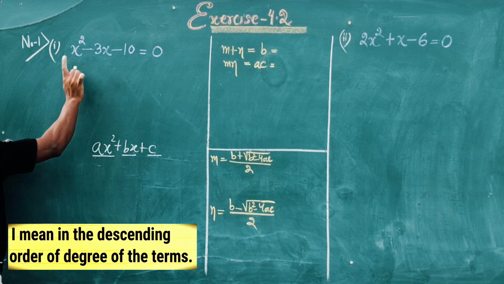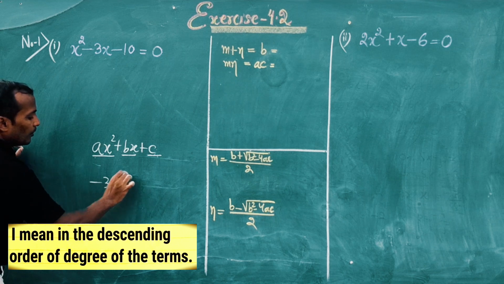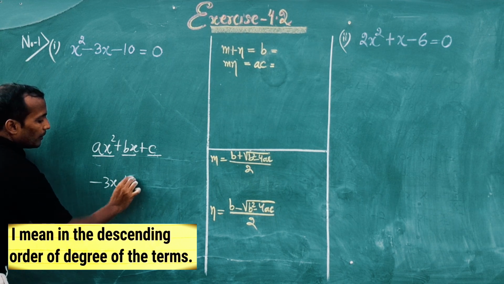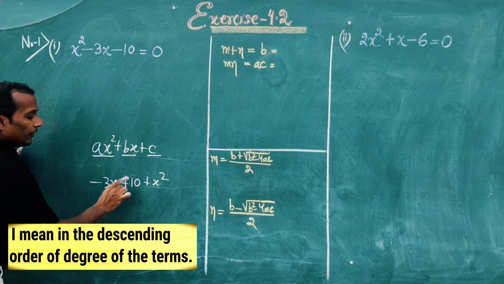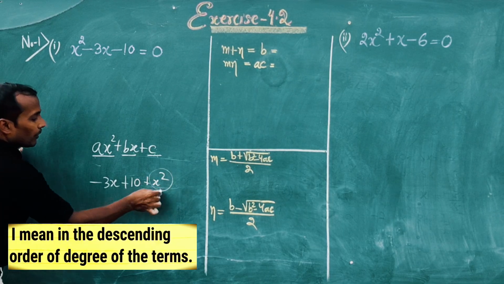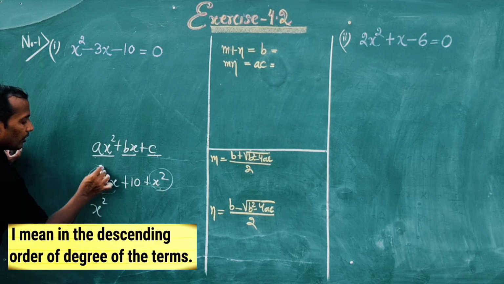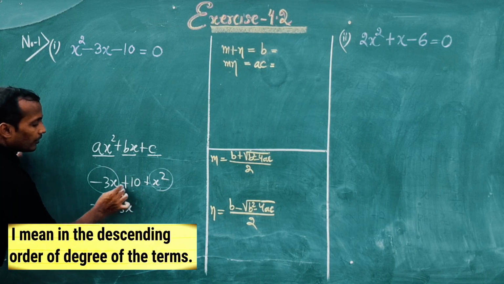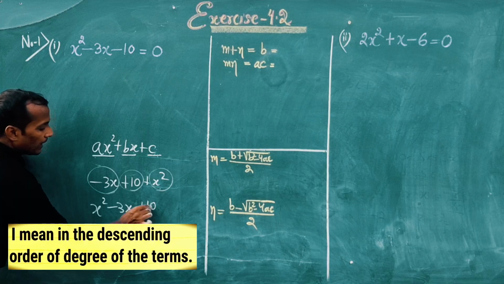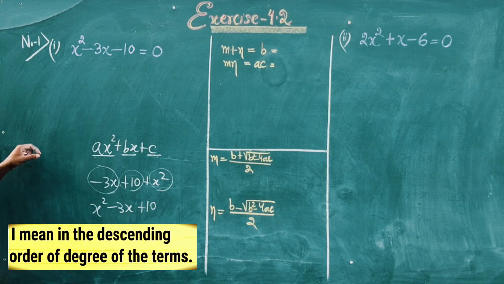For example, suppose I give you minus 3x and plus 10, and then I write plus x square. This is not in the right order. The term with x square has to be placed in the beginning, then the term with x in the second place, and the constant term should be placed at the end, so there will be no mistake.